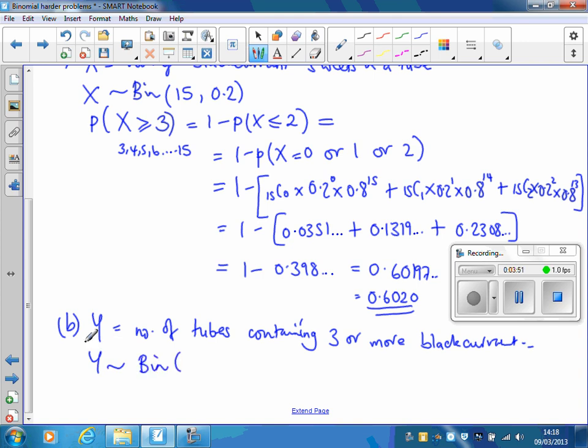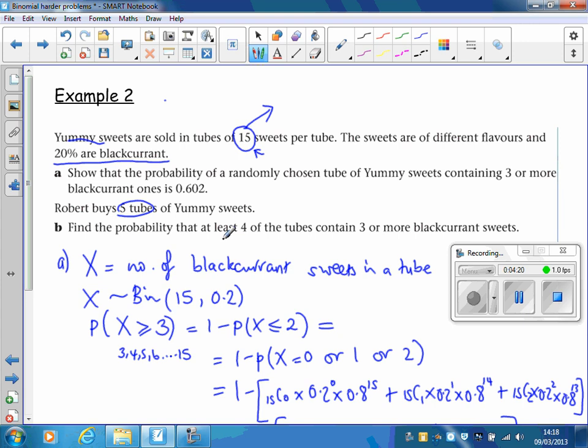Now this time he is buying 5 tubes of sweets, and we have to think what the probability of success is going to be. Success now is getting a tube which contains 3 or more blackcurrant sweets, and the probability of getting a tube that contains 3 or more blackcurrant sweets is this. So I'm going to put here 0.601, and we should use the accurate version there, 0.60197.